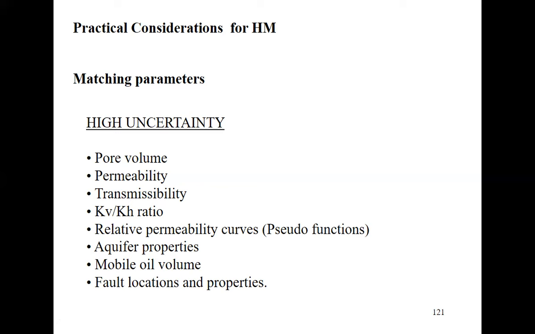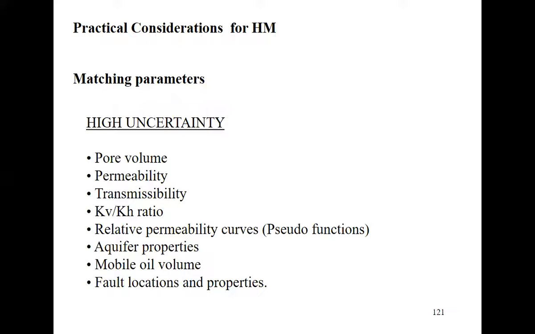We assume that generally KV is equal to 0.1 KH. For example, the vertical permeability is 0.1 of the horizontal permeability. But there is no measurement. And then, as you know, inside the reservoir we may have a very large change in the facies, in the characteristics, and so on.